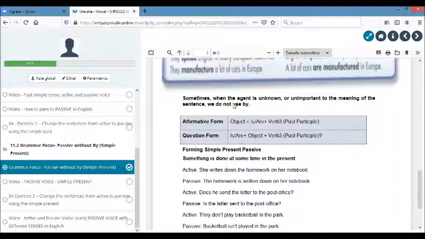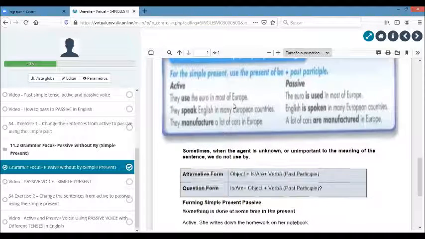For example, in here, they use the euro in most of Europe, okay? Ellos usan el euro en la mayoría de Europa. En la pasiva sería, the euro is used in most of Europe. El euro es usado en la mayoría de Europa, okay?